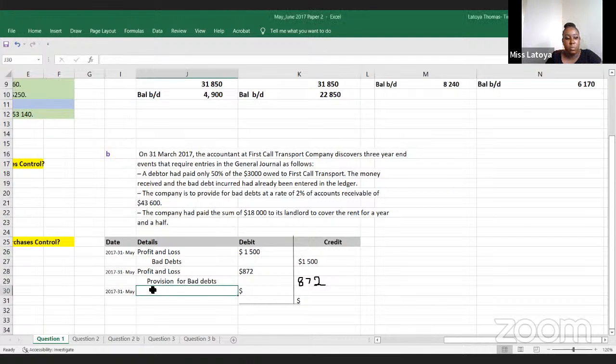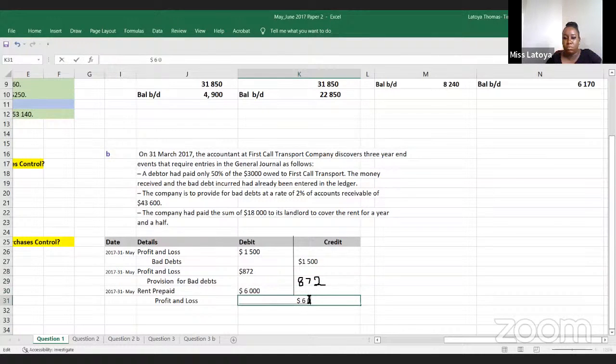Okay, so our entry will be rent prepaid, debit, and then profit and loss. So the figure was, as we said, going to be 6,000. And then we total this side.